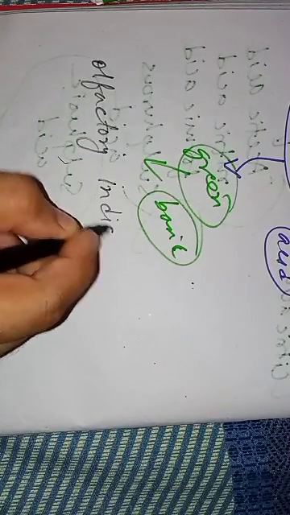Now another type of indicator is the olfactory indicator. If you are fond of biology, then you know what olfactory means. Olfactory is related to smell sensations.